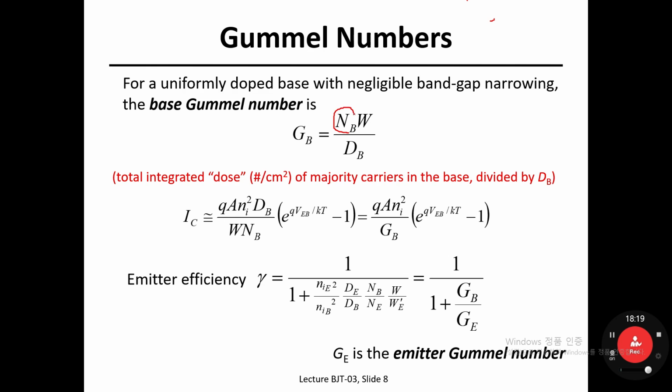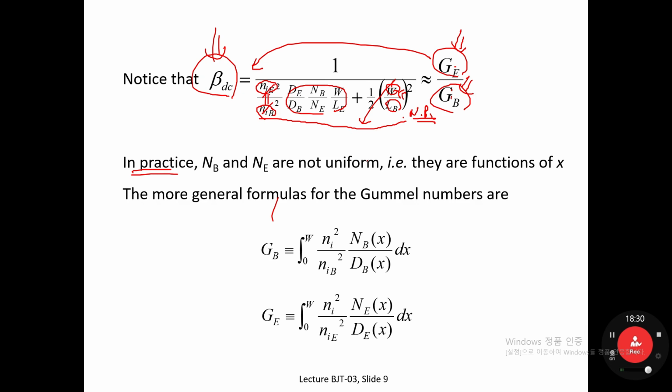In practice, the Gummel number can be simply defined as shown here: doping concentration, quasi-neutral region width, and diffusion constant. Those three key items are necessary in determining the Gummel number for each region: base, emitter, collector. However, in real devices, the doping profile in base and emitter is not uniform. In other words, the doping concentration in base and emitter is defined as a function of x.